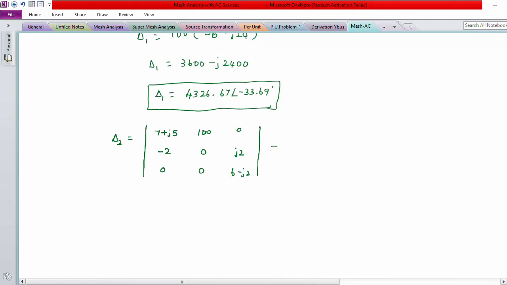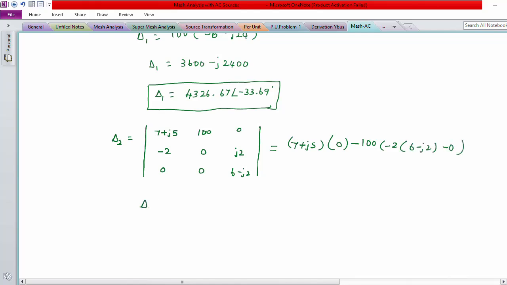Now for this delta 2, again we have to take the determinant value. That is 7 plus j5 into, removing the first column and first row, the first column element becomes 0, plus minus 100 into, second column first row removed, so it becomes minus 2 into 6 minus j2 minus 0.